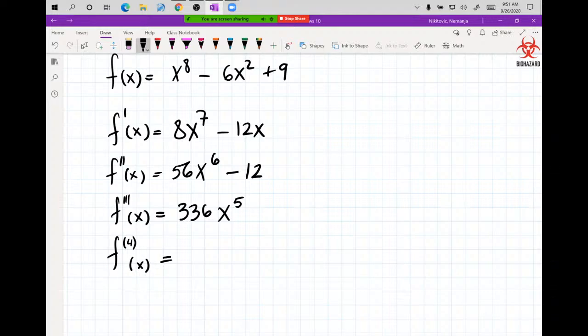And that's going to be 336 times 5, so that's 1680 x to the 4.